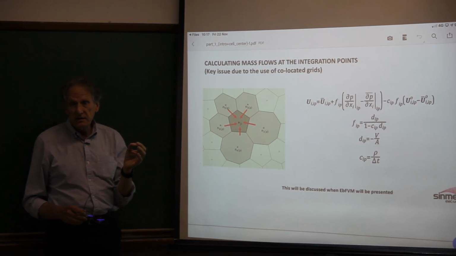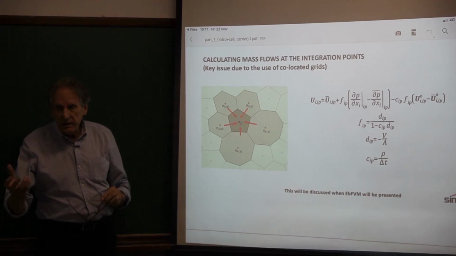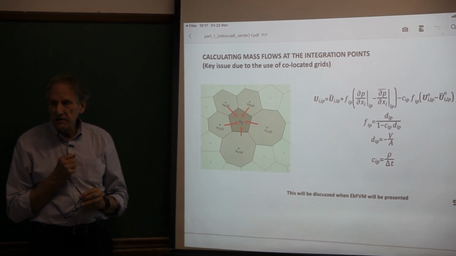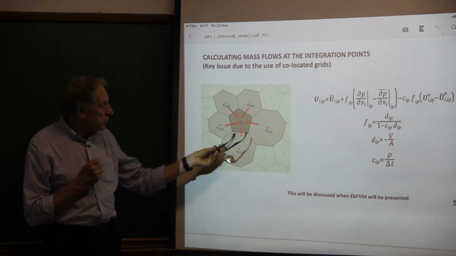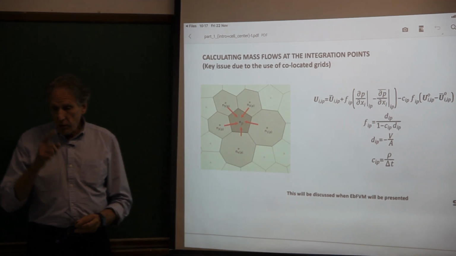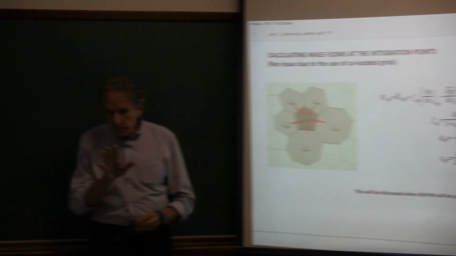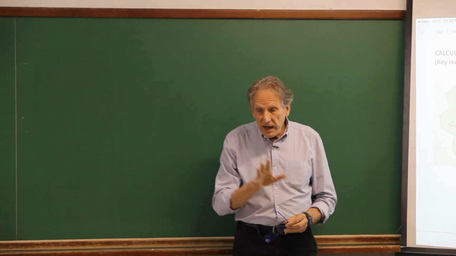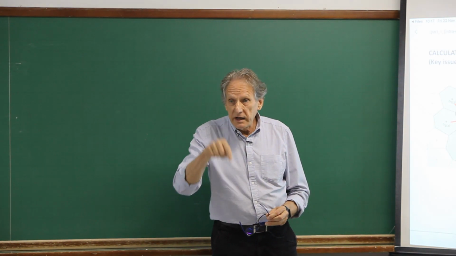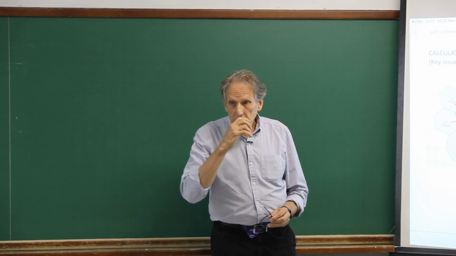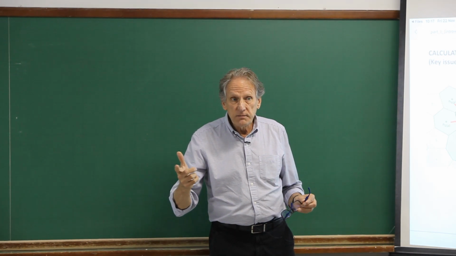What happens is that it is inherent to the finite volume technique to calculate the mass flow at the boundaries, because at the boundaries there is mass flowing and mass is carrying momentum, is carrying energy, is carrying turbulent kinetic energy.